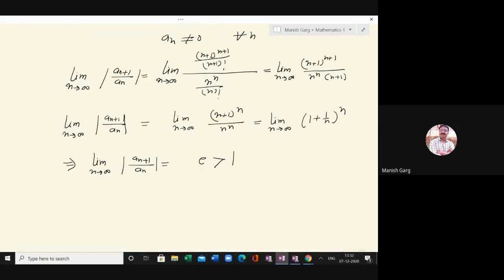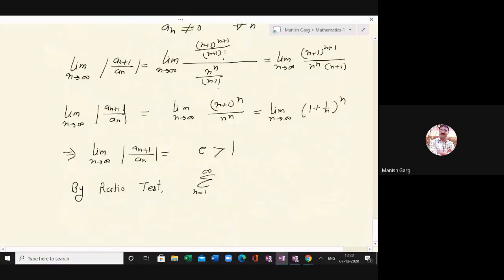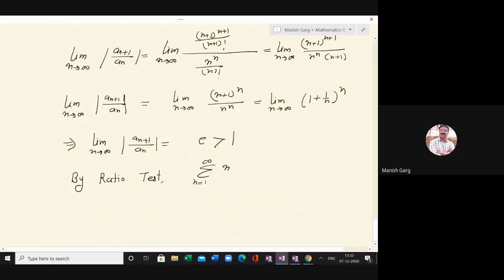So by the ratio test, the series n equals 1 to infinity n raised to power n over factorial n diverges. So you can see how you can check in an easy way.